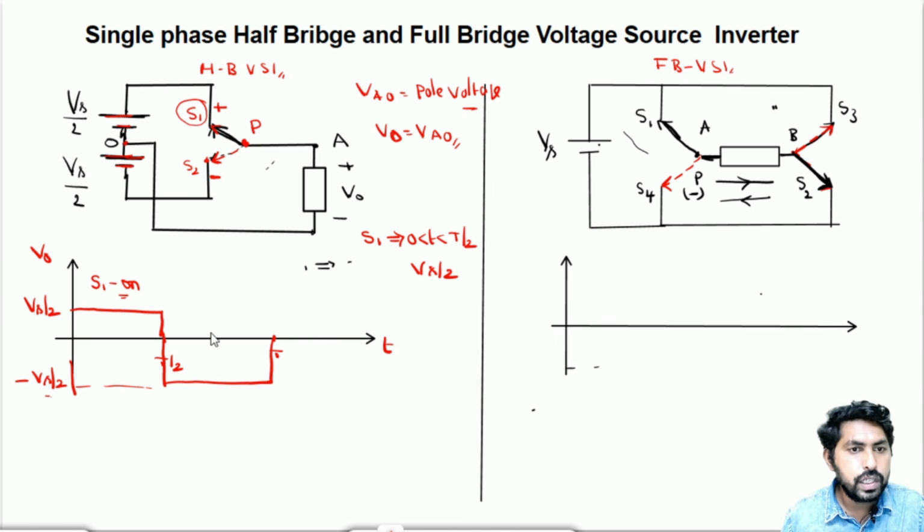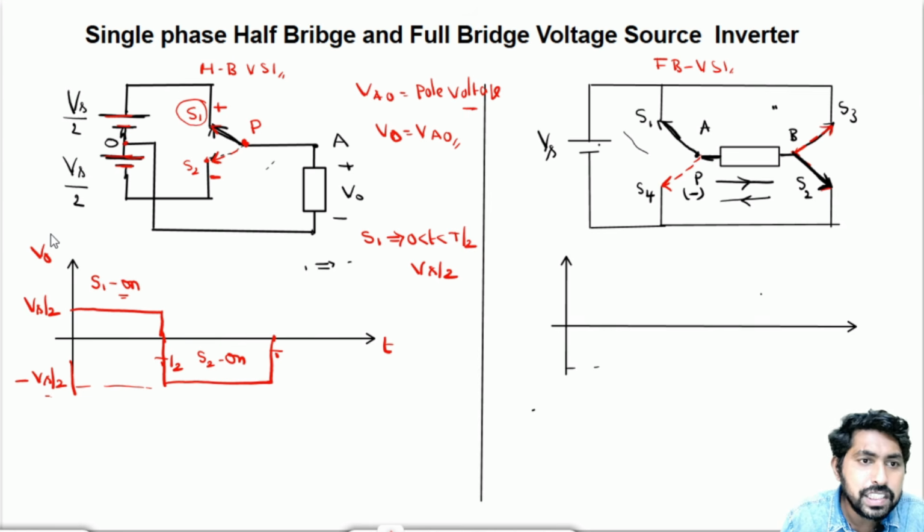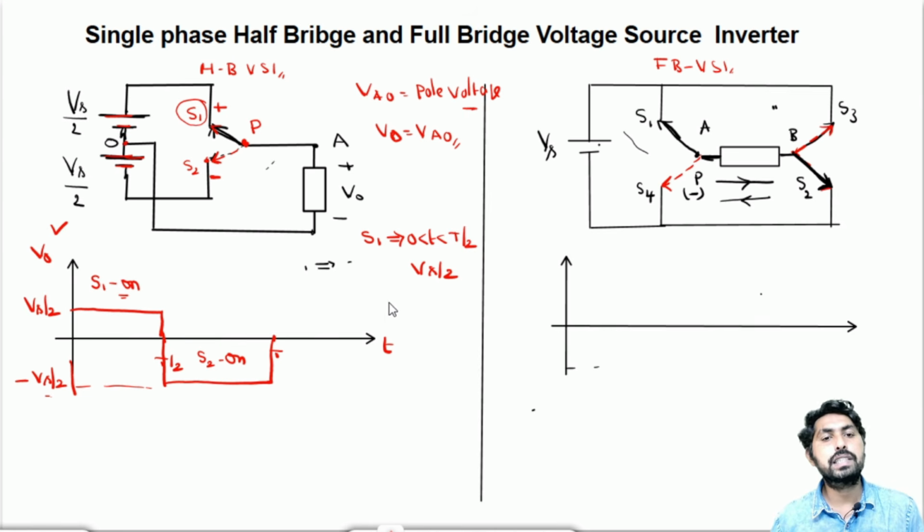Here the switch S2 is in on condition from T by 2 to T, and from 0 to T by 2 the switch S1 is in on condition. This is how we get the alternating voltage, that is, a square wave at the output voltage.